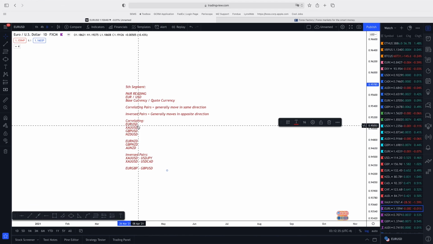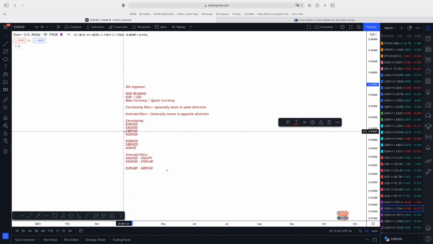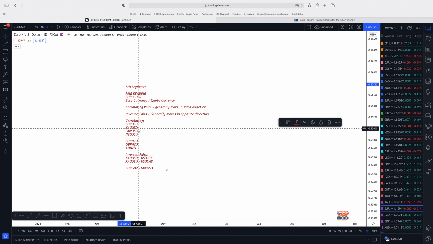Now, what are some examples of correlating pairs that move in the same direction? Euro USD, gold. Gold is XAU USD, GBP USD, NZD USD. Guys, do y'all see how the USD is on the same side? So if one goes down, then generally they must all be moving down because these are correlating.